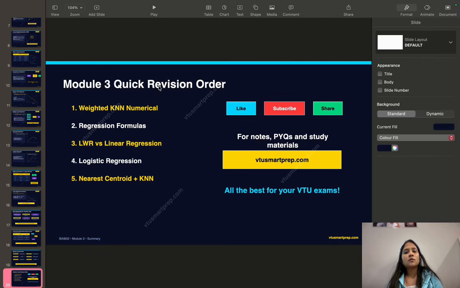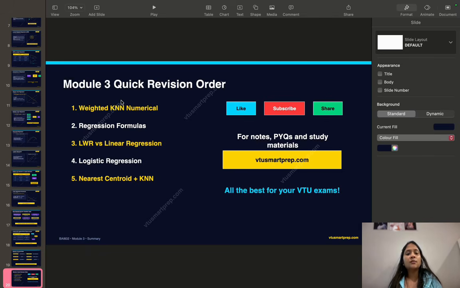So the revision order: first we saw the normal KNN, then weighted KNN, and then nearest centroid, right? And then regression. In regression you have many types: LWR, MLR, which is multiple linear regression, polynomial regression, and then the comparison or difference between those regressions.